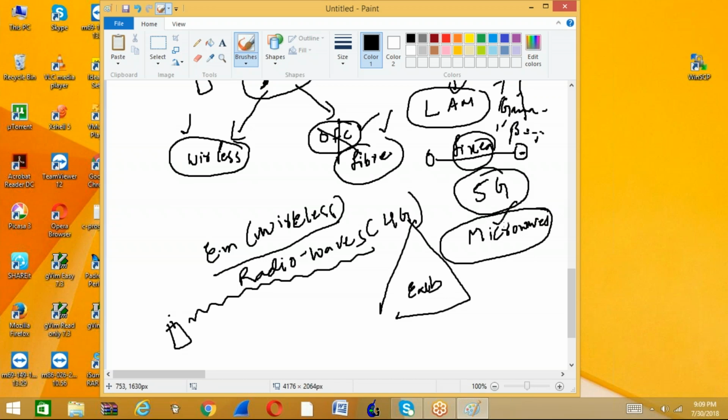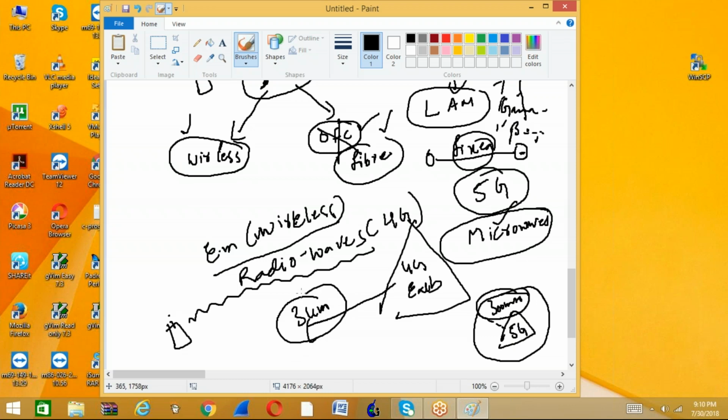When you use microwaves, the coverage will dip a lot. It has to be very small coverage. The 5G base station, HNB, only has around 300 meters. That's it. It can only cover 300 meters. Whereas 4G's base station, that is LTE's base station, has a coverage of around 3 kilometers.